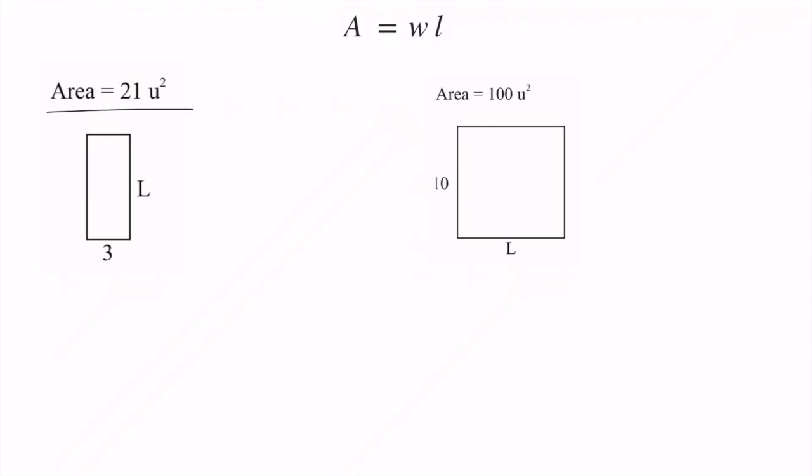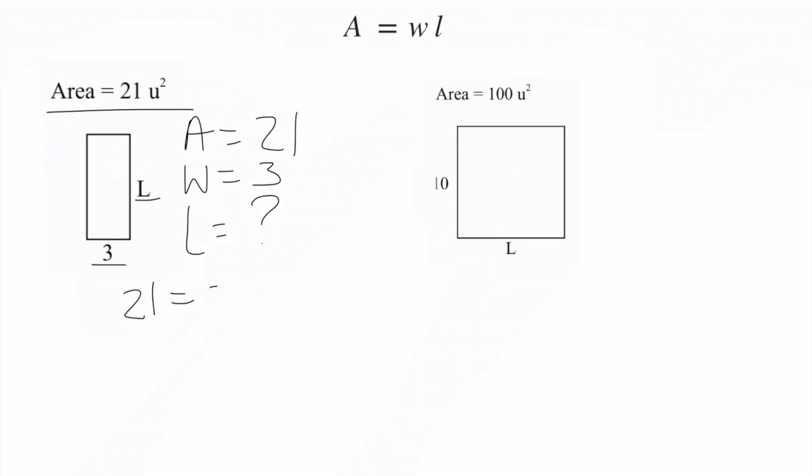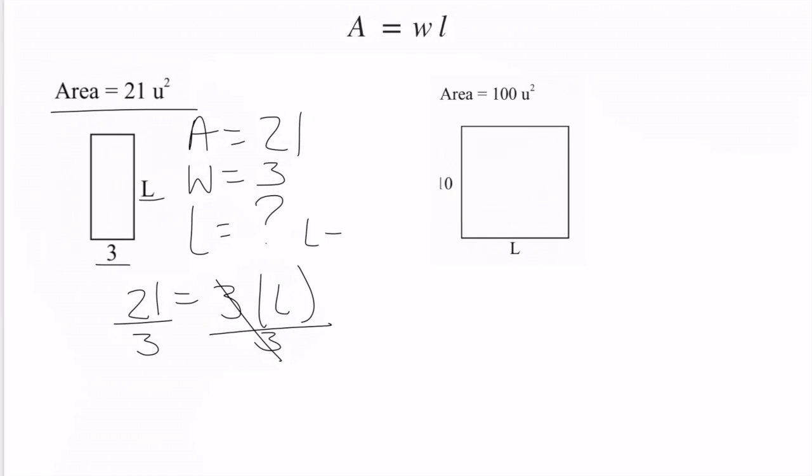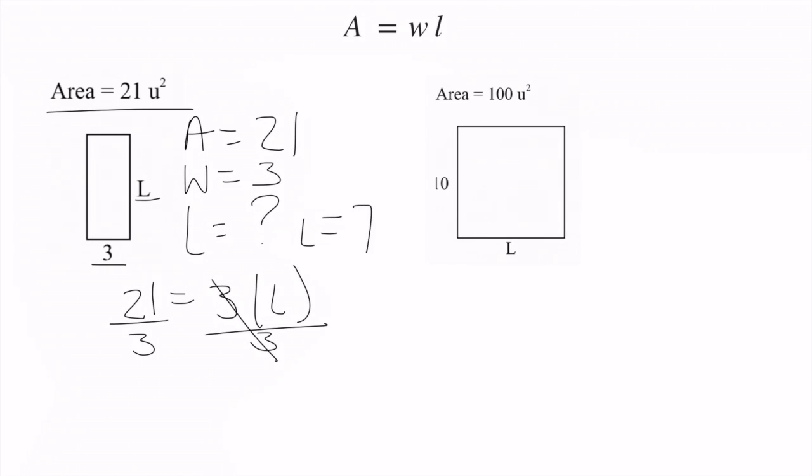All right, area, width, length. So area equals 21, width equals 3. We have an unknown length. So that means 21 equals 3 times L. Divide by 3. So that means L equals 7.